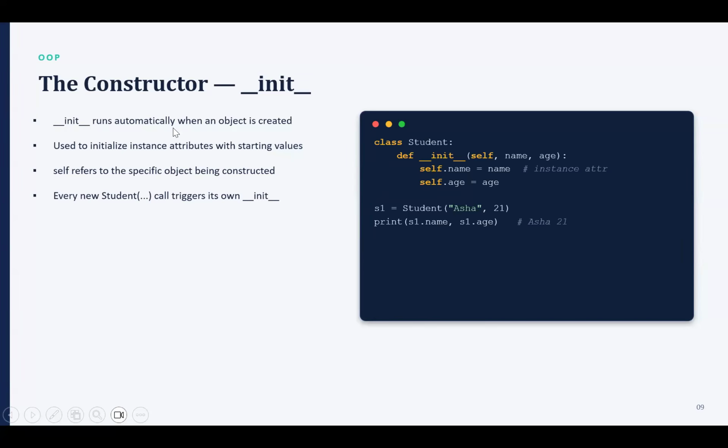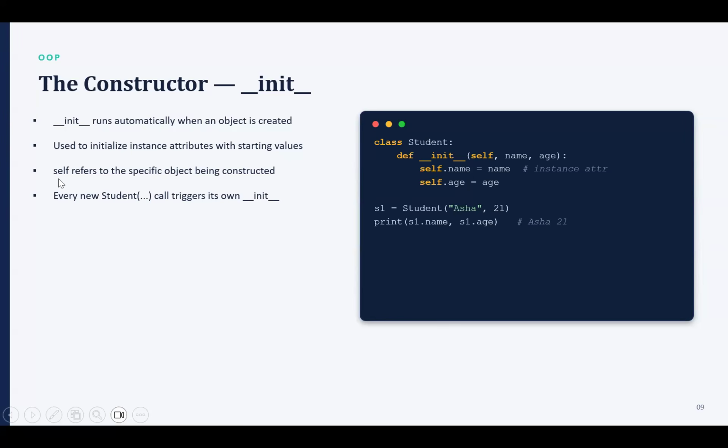So init runs automatically when the object is created. Even if it is the first line you write, this will get created and initiated. It is used to initiate the instance attribute with the starting value. So whatever value you provide, it will get initiated with that.